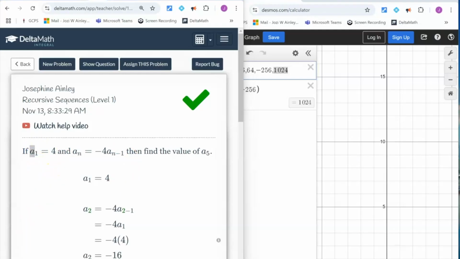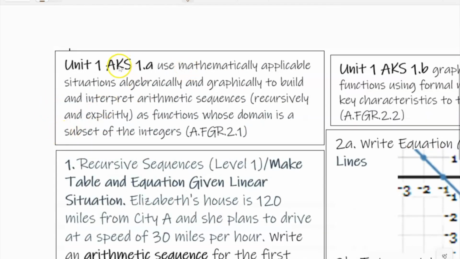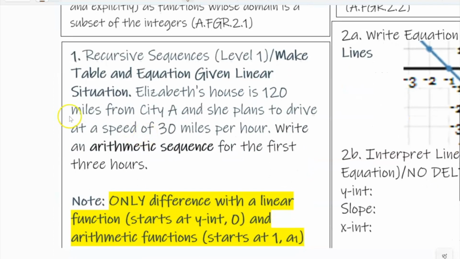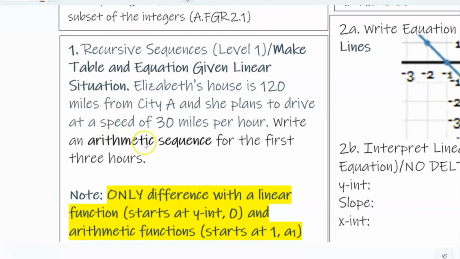Let's practice. All right, so we're going to take a look at AKS1A again: to use mathematically applicable situations, algebraically and graphically, to build and interpret arithmetic sequences recursively and explicitly as functions whose domain is a subset of integers. Okay, so we talked about recursive sequence. Now we're going to talk about making a table and equation, give you a linear situation and also an arithmetic sequence.